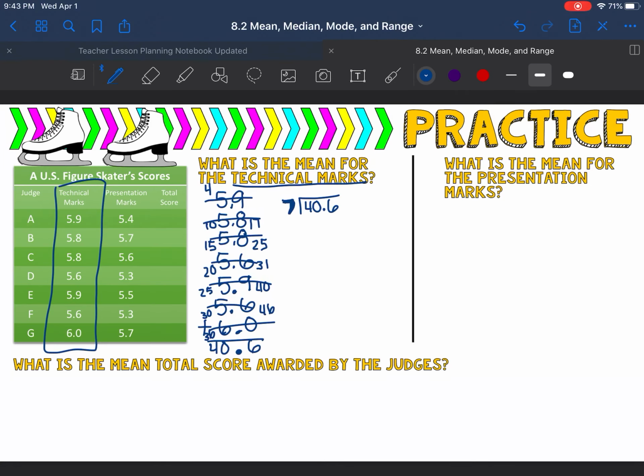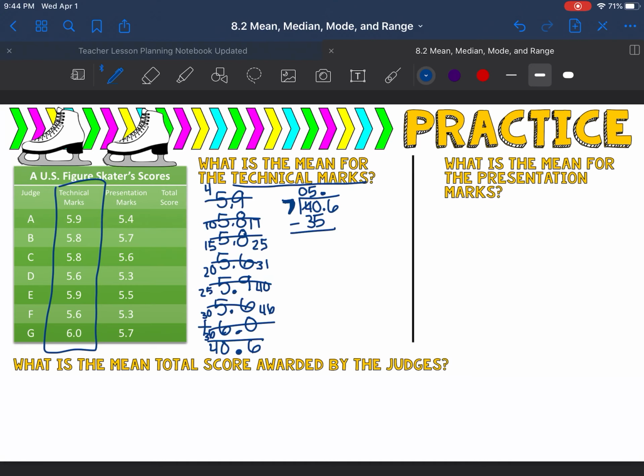So we have a decimal in our house. If I have a decimal in my house, what do I want to do before I do any division? I want to pop that decimal right on up. Pop that decimal right on up. All right. So now I am going to divide. How many times does 7 go into 4? 0. How many times does 7 go into 40? 5. 5 times 7 is 35. I got to borrow.